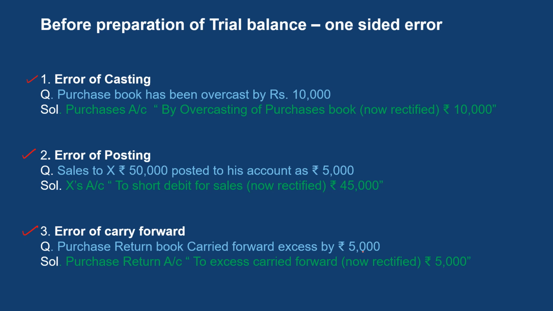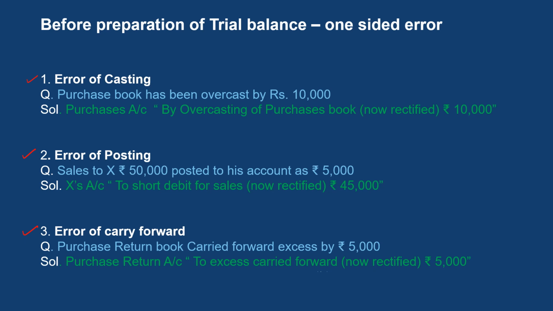So you have to reduce it. To nullify that 5,000 credit effect, you have to debit it. And therefore, in the purchase return account on the debit side, you will write "excess carried forward now rectified, 5,000." So this is how, when you have a one-sided error which is identified before preparation of the trial balance, you would rectify it by giving an explanatory note.